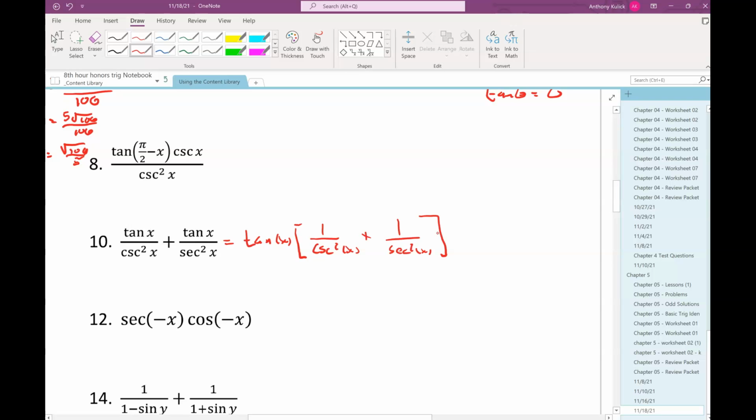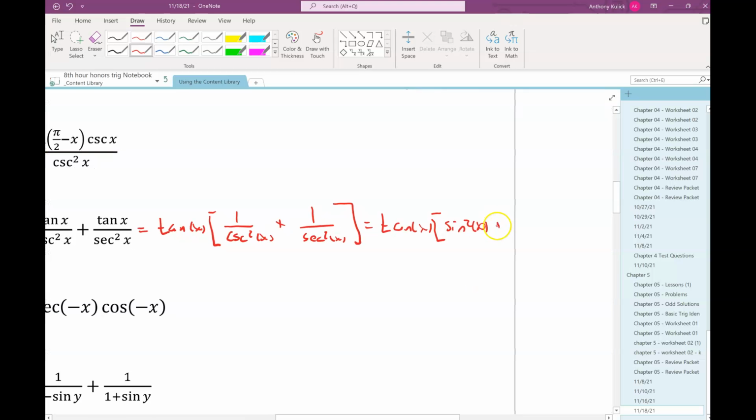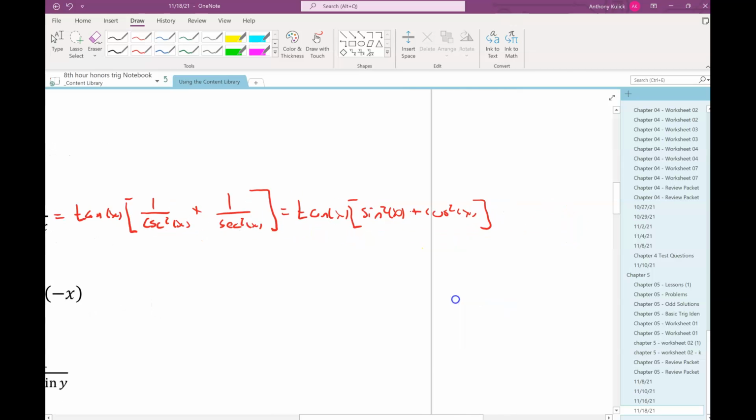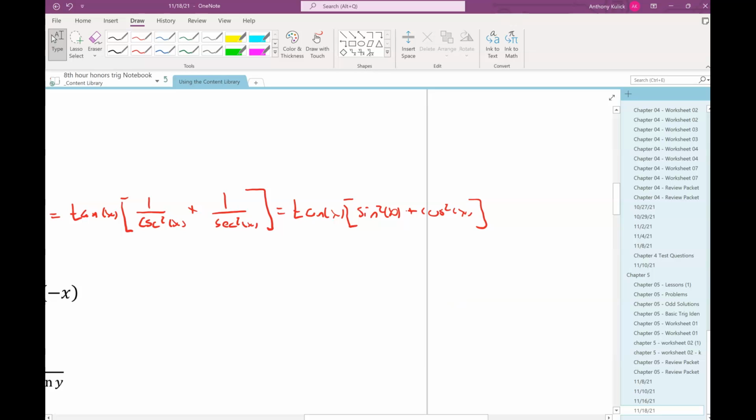No fractions is definitely easier than fractions, right? So using my reciprocal identities, 1 over cosecant squared is just sine squared. Similarly, 1 over secant squared is cosine squared. And then sine squared plus cosine squared, I see right away, what's that? 1.